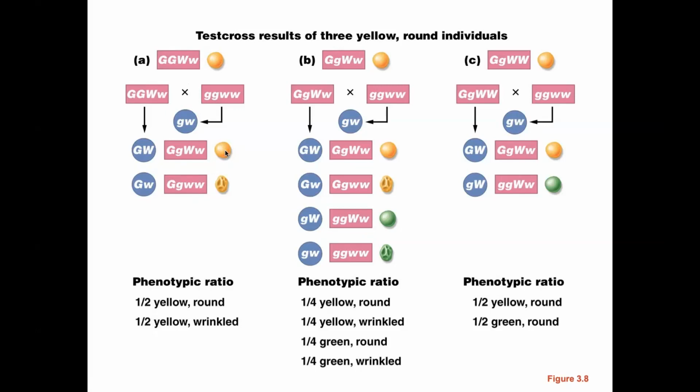If you're not segregating for color, then the unknown plant must be homozygous big G, and because you're segregating 1:1 for shape, that individual must be heterozygous. So if you saw this phenotypic segregation ratio among the test cross progeny, you would conclude this as being the specific genotype of that individual plant.